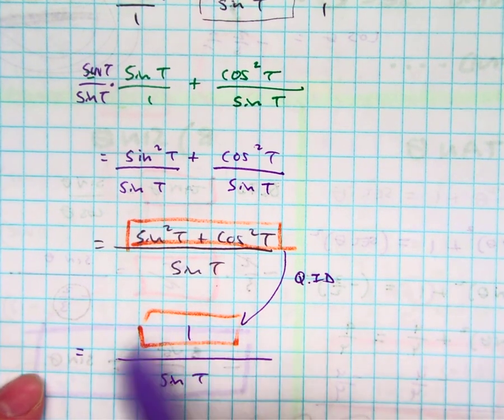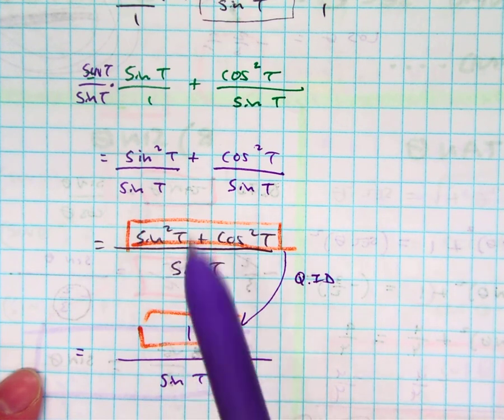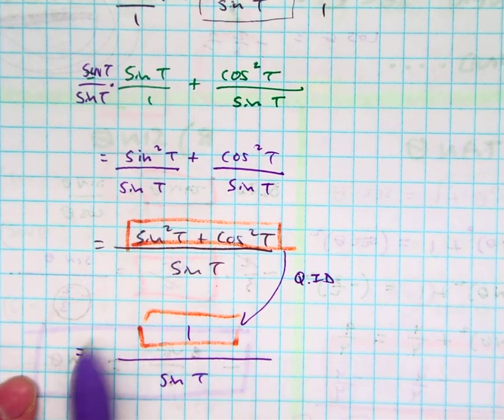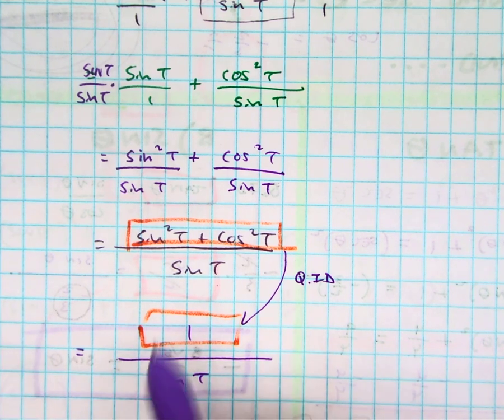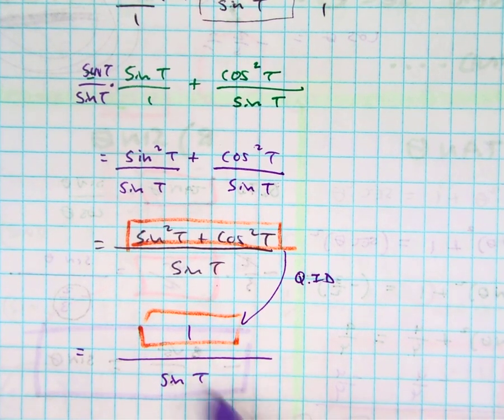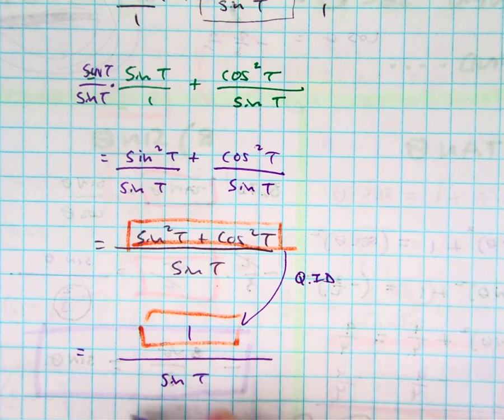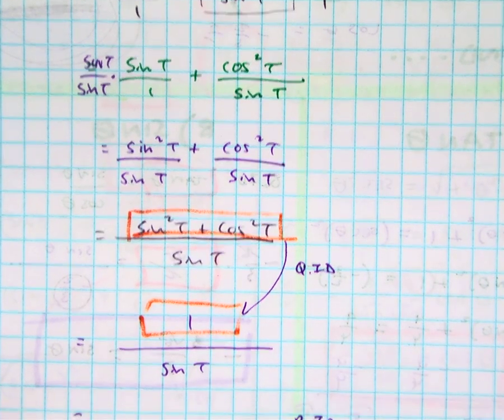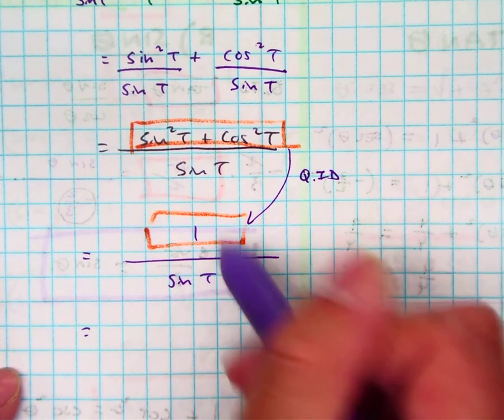I generally like the problem when it tells you; sometimes it says use sine and cosine, this one doesn't tell you. So if it says use sine and cosine, then I like to just leave it within sine. You wouldn't be marked wrong if you had either 1 over sine t, or the reciprocal identity is what? Class, what's the reciprocal identity?